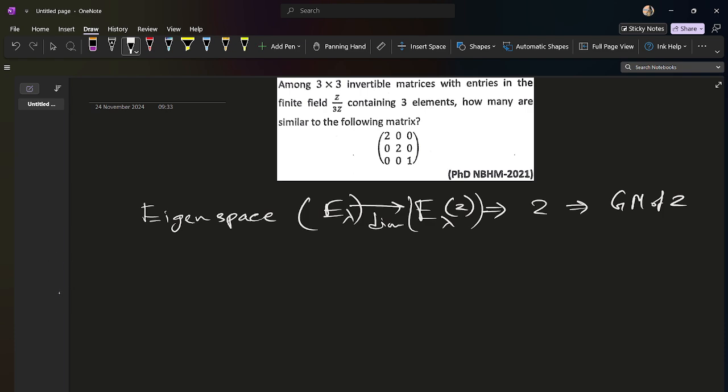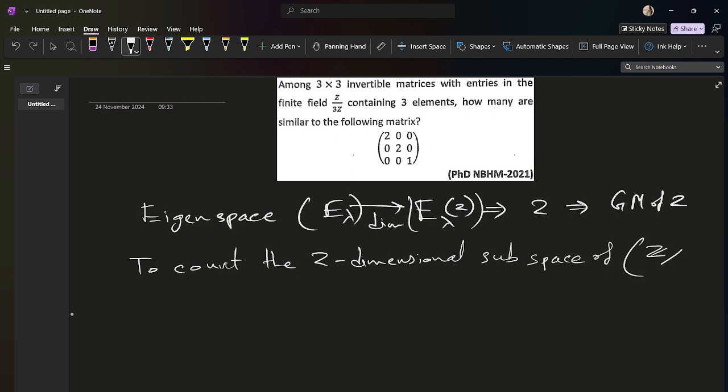So now, to count the two-dimensional subspaces of Z mod 3Z whole cube, let me write it first, then I will explain.